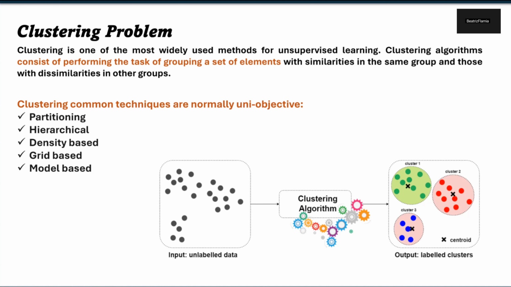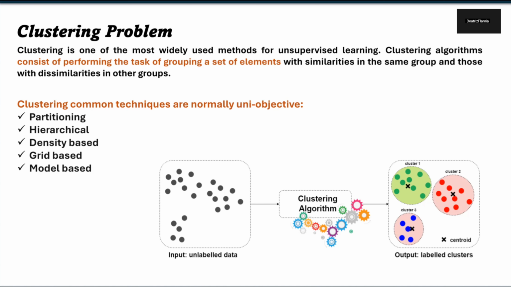There are different algorithms to do this categorization. Most of these algorithms are uni-objective. What does that mean? There is only one function, one parameter that defines the function. In my PhD, I developed a multi-objective clustering, which is another approach.